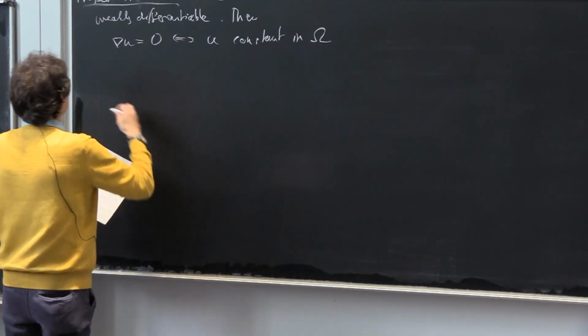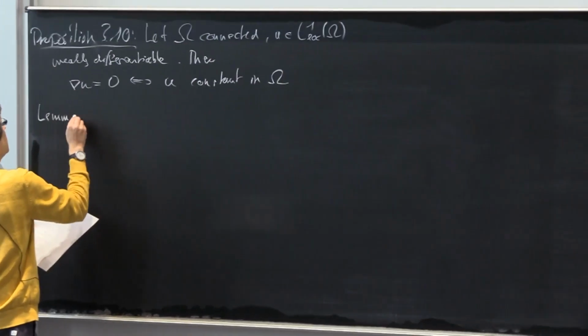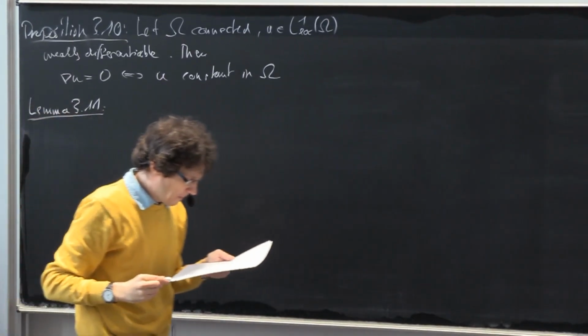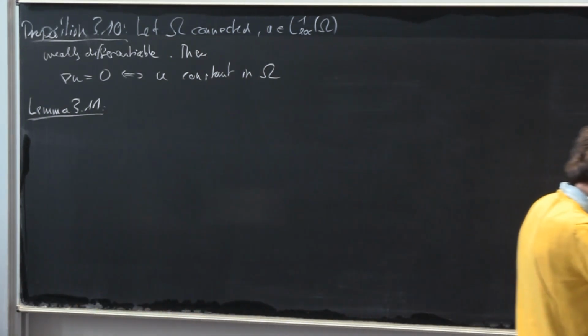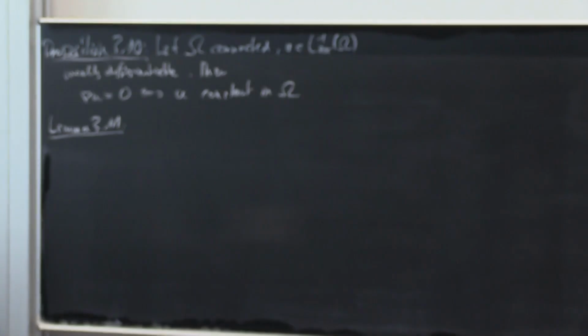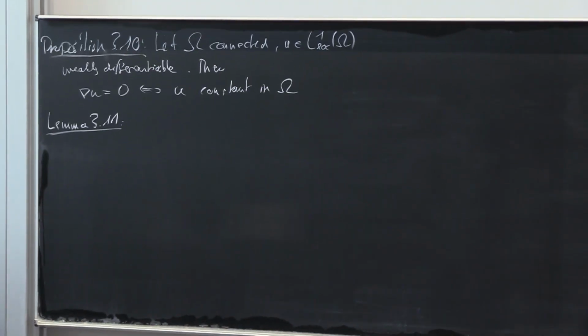And to prove this, we have to do some smoothing again by convolutions. So we need that if you have a convolution and you have the derivative of the convolution, you are free to put the derivative on either of the two factors.